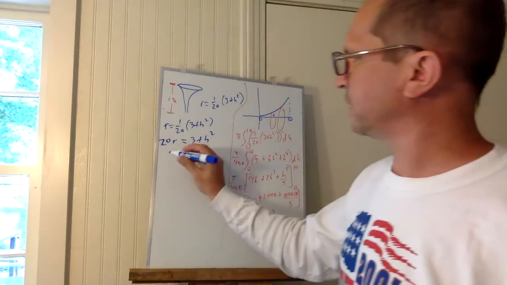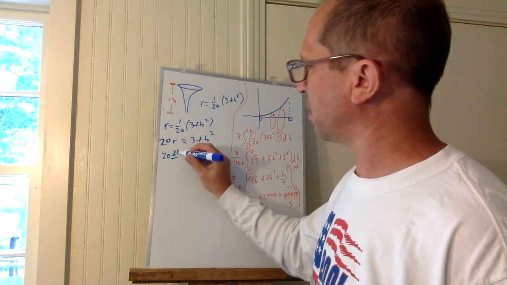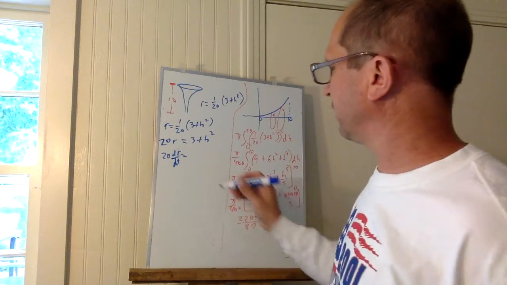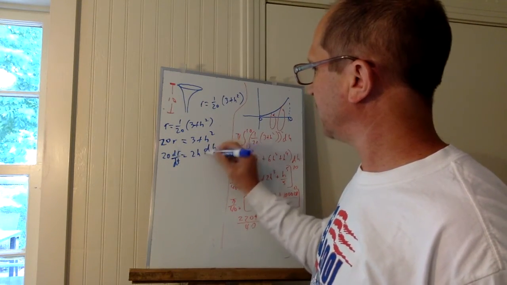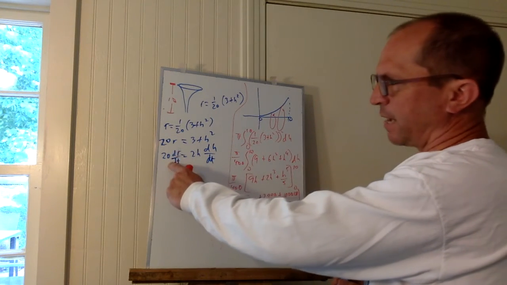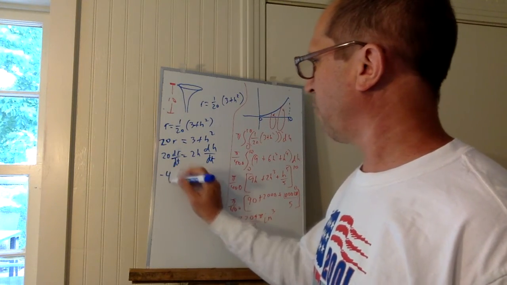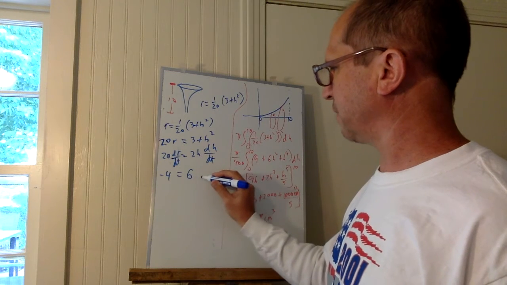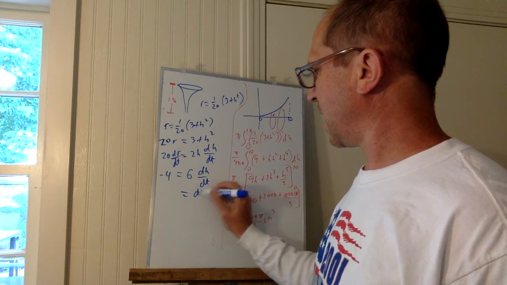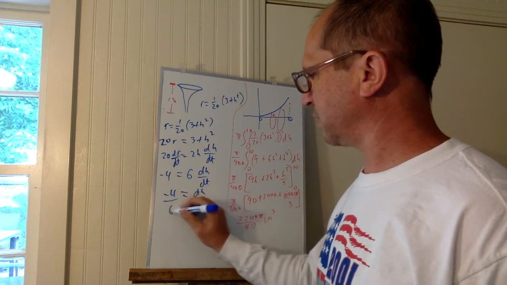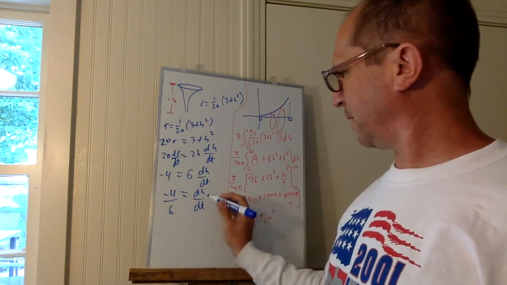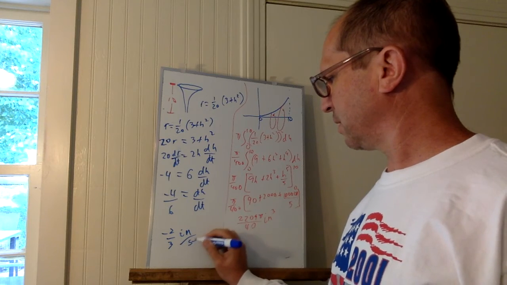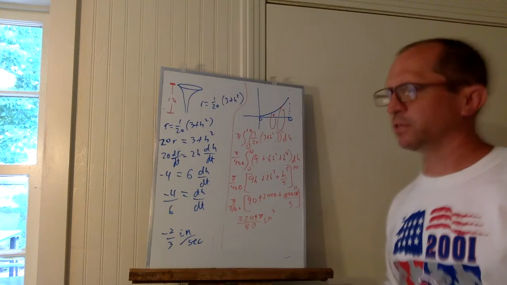So now taking the derivative of this becomes 20 dr/dt equals, okay, the 3 has a derivative of 0, so it's just going to be 2h dh/dt. The radius is decreasing at a rate of 1/5, so that would be -4 equals 2h, and it's interested in when you've got, I'm sorry, 3 is your height, so that would be 6 dh/dt. So dh/dt here is -4/6, which I'll write as -2/3 inches per second. So that is what we have here for the solution.